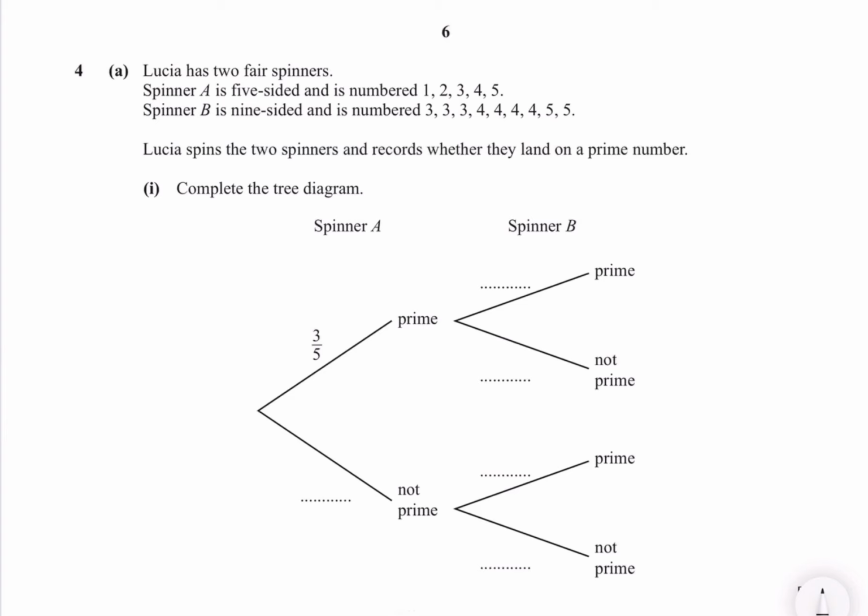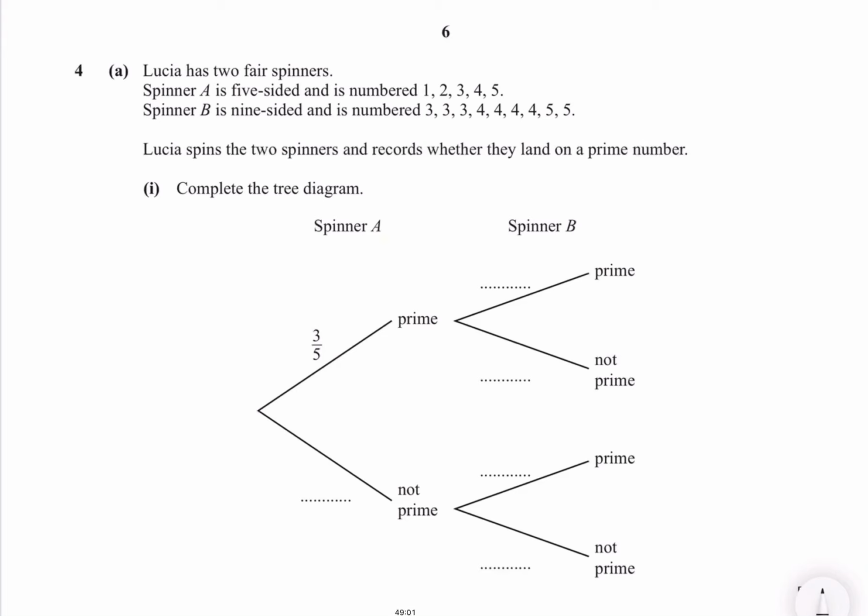Lucia has two fair spinners. Spinner A is 5-sided and is numbered 1, 2, 3, 4, 5. Spinner B is 9-sided and is numbered 3, 3, 3, 4, 4, 4, 4, 5, 5. Lucia spins the two spinners and records whether they land on a prime number. Complete the diagram.